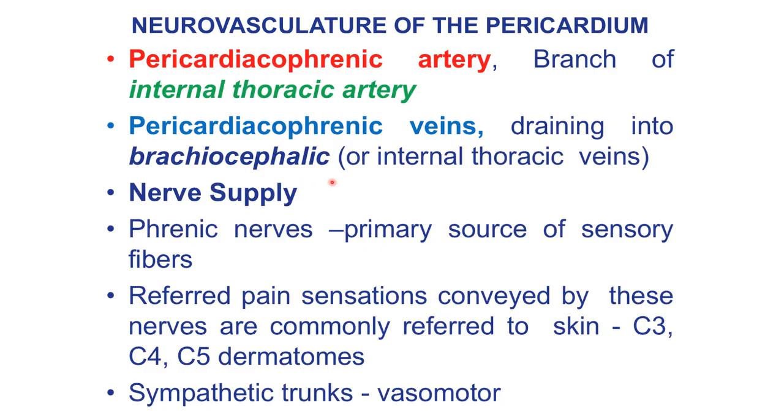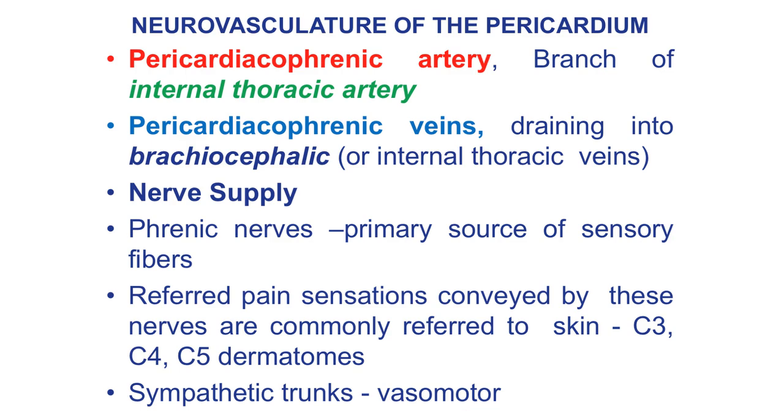The pericardium is innervated by the phrenic nerve. As I described previously, this is from C3 all the way to C5. This is very important because if you have a problem in the pericardium, you can feel the pain in your neck.